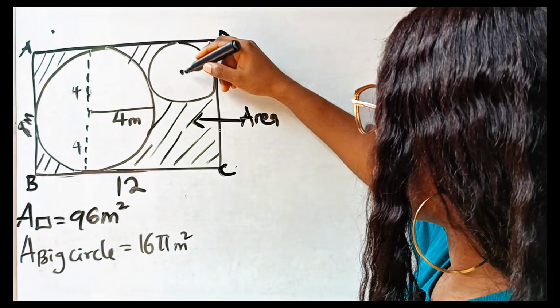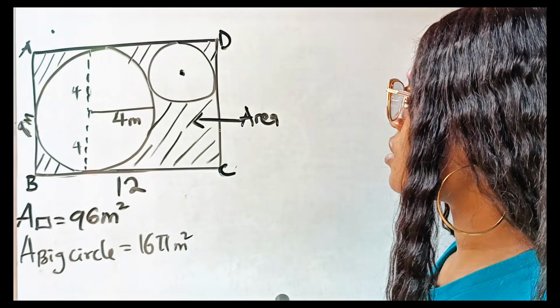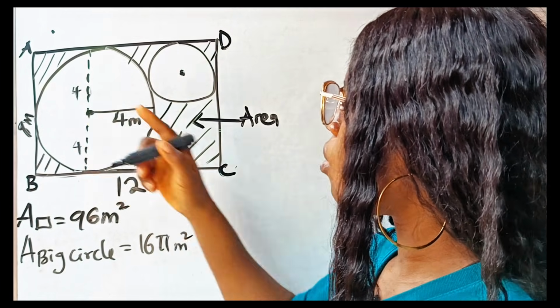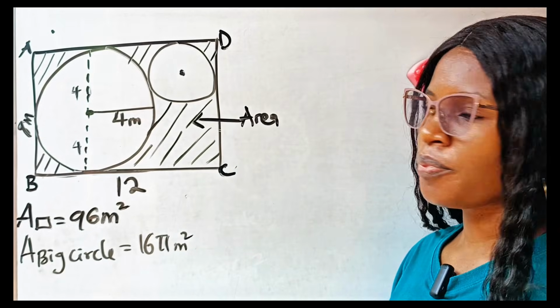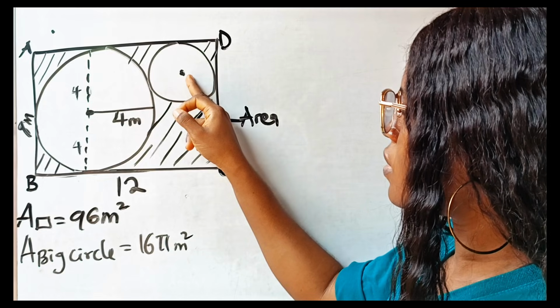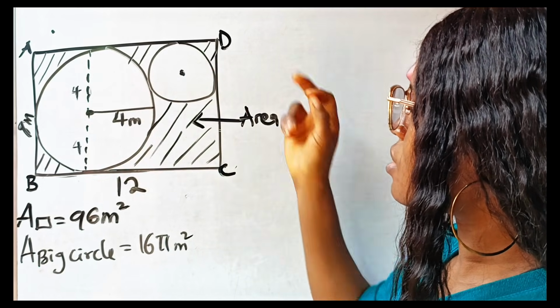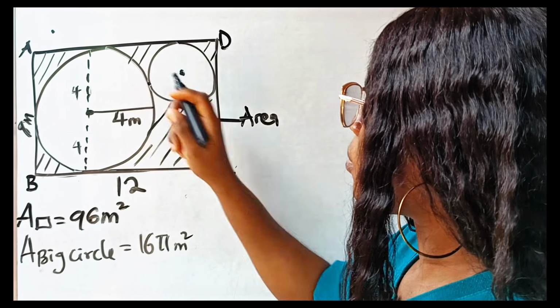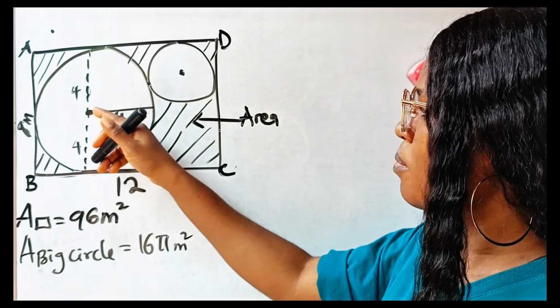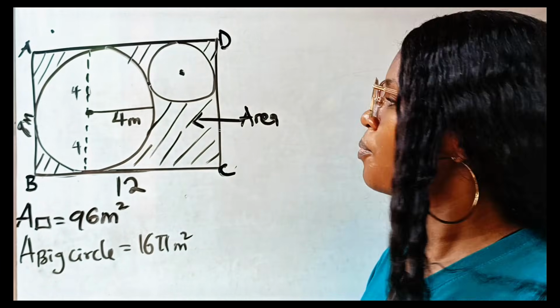So if this is the center of the smaller circle, and this is the center of the bigger circle, remember that when you join the center of this circle to the center of the smaller circle, you actually pass through their point of contact. It is a theorem: the straight line must pass through their point of contact.